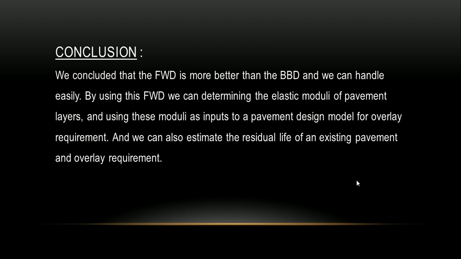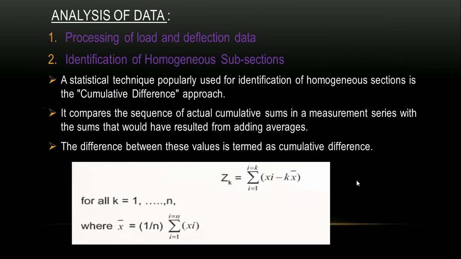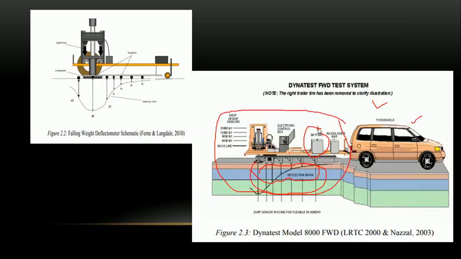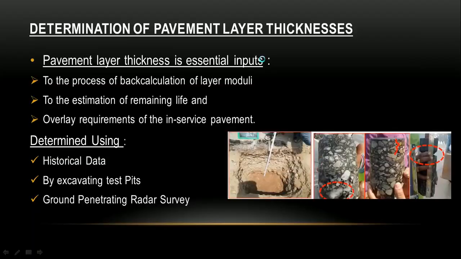The life of the existing pavement and the required overlay can be determined more easily using the falling weight deflectometer than the Benkelman beam method. This is the entire procedure for conducting the falling weight deflectometer test.